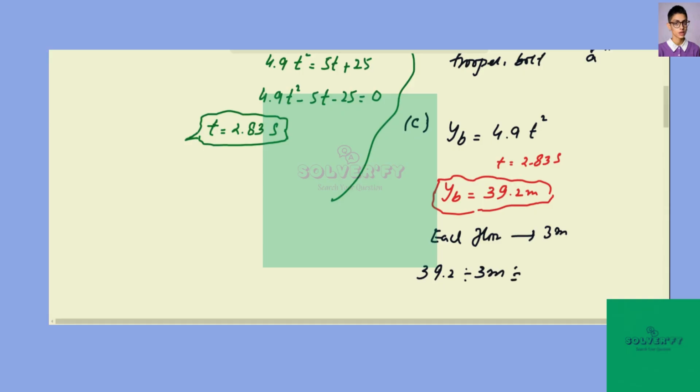This gives us the maximum floors equal to 13. That's the answer.